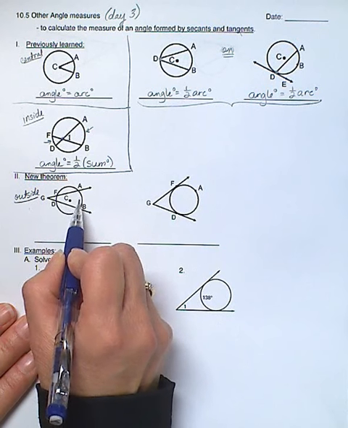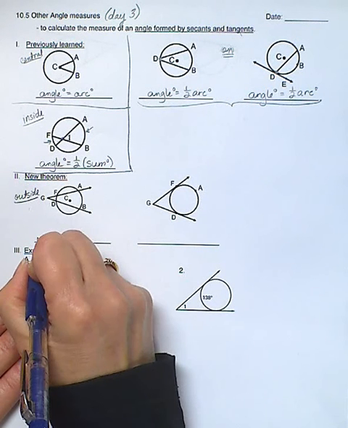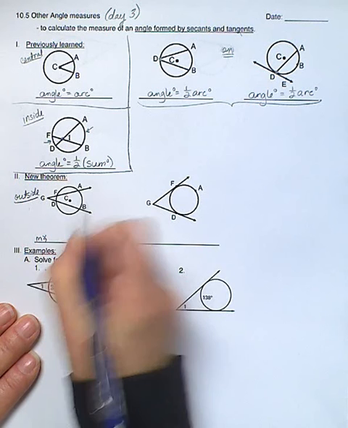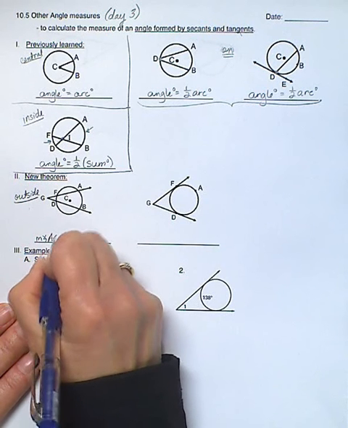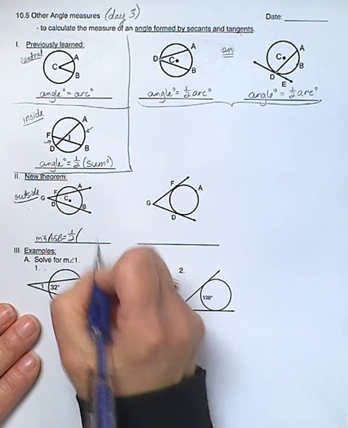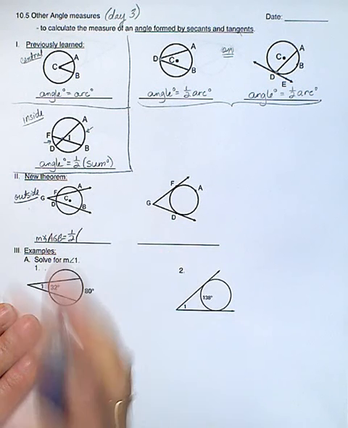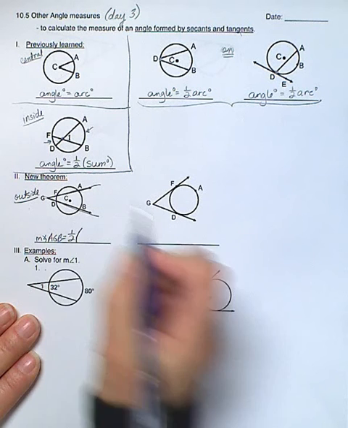So I'm going to use the letters right here. So the measure of the angle, so angle AGB, is going to be half the difference of the 2 arcs that lie within the angle. So again, this is our angle, what lies within it.